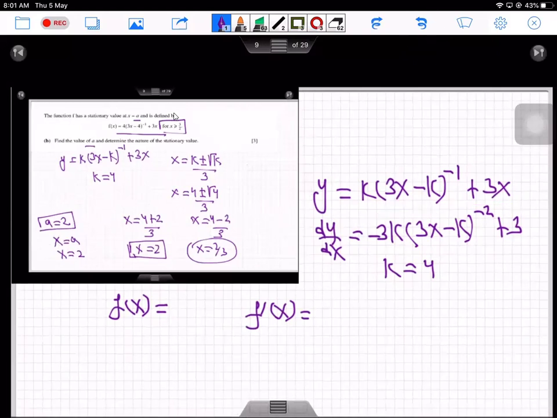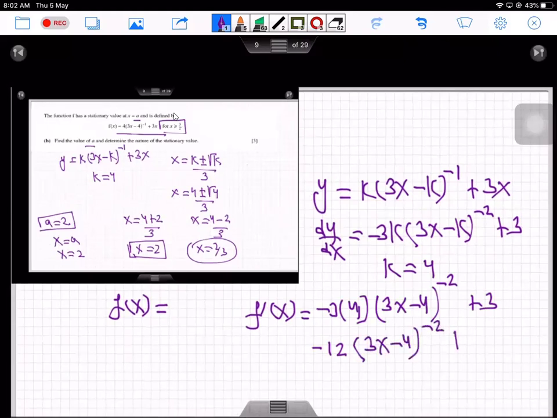So minus 3 multiplied by 4 multiplied by (3x minus 4) whole thing raised to the power minus 2, and then plus 3. So this becomes minus 12 multiplied by (3x minus 4) whole thing raised to the power minus 2, and then plus 3. This is the f dash x function.